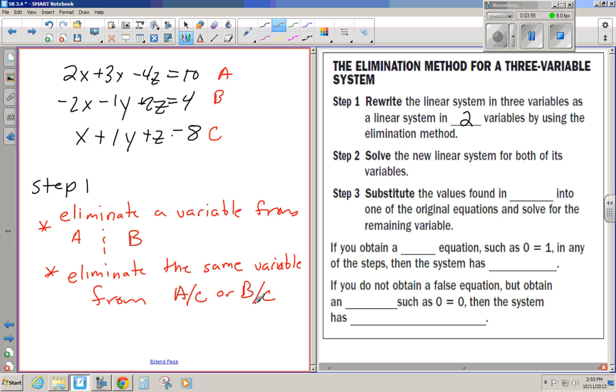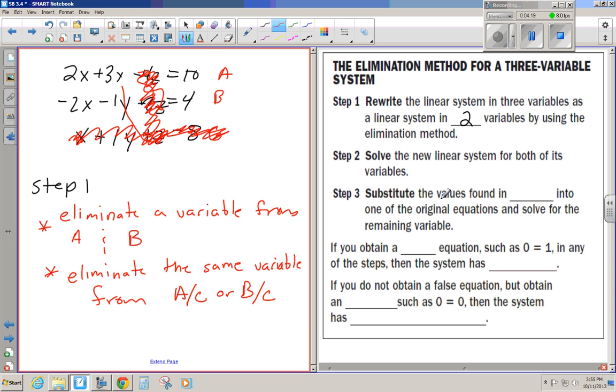You'll see that in a few minutes, because you'll end up canceling out the variables for the most part, and then you'll have 2 new equations in x and y. Once you have that, step 2 is to solve the new linear system for both of its variables.